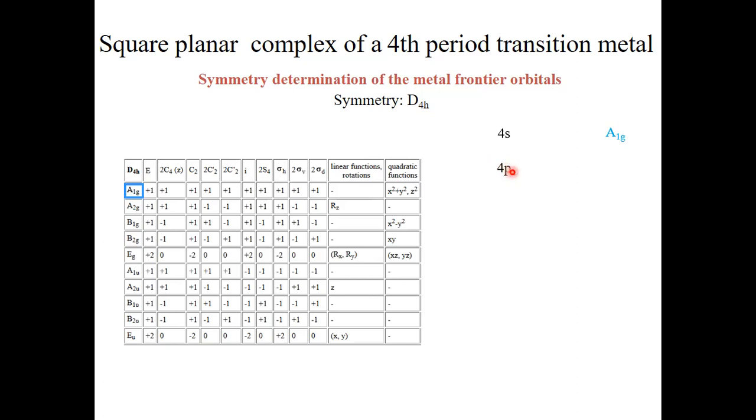You can see that z can be found here in the character table. So therefore, the symmetry type would be A2u, right? Then there would be the 4px and the 4py. You see that x and y, here in the character table, are doubly degenerate and belong to the symmetry type Eu.